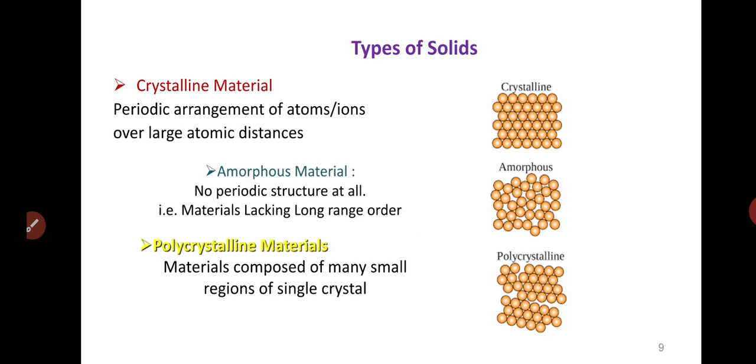The first type of solid is the crystalline material. So you can see in the diagram the periodic arrangement of the atoms or ions over a large atomic distances. So this type of material is the crystalline material.